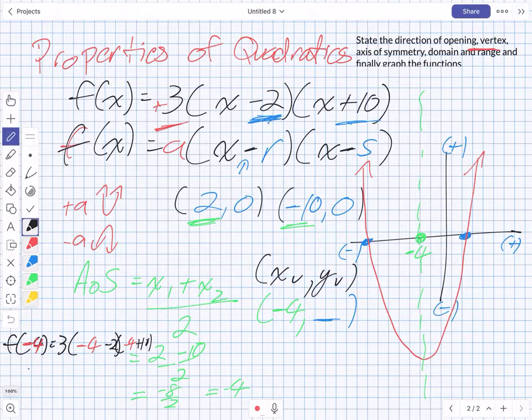Okay, we'll try to simplify this. The 3 will stay. Inside our brackets, negative 4 minus 2 is negative 6. Negative 4 plus 10 will be positive 6. That's going to be negative 36 times 3.